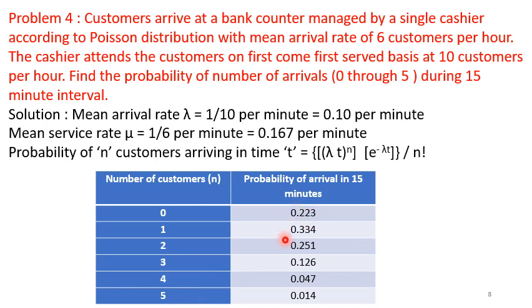So you will get the probabilities of arrival in 15 minutes, all these values, 0.223, 0.334 and so on. These are the different measures that you have to find out to predict a particular queuing model or waiting line model.